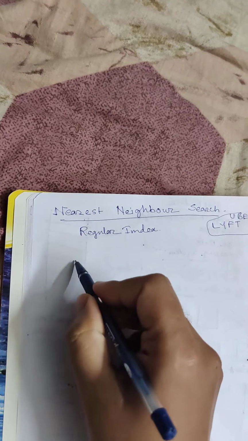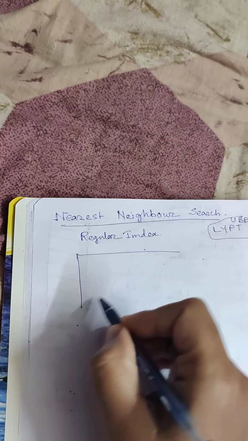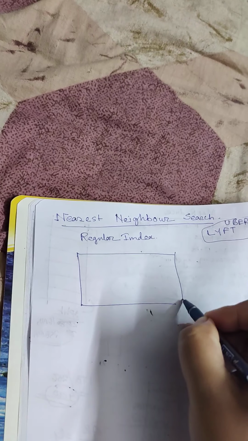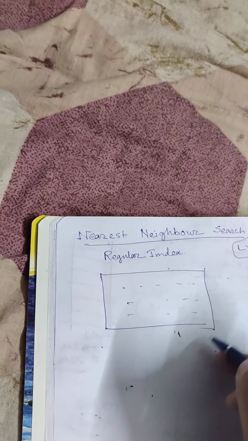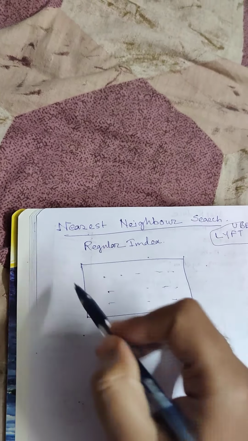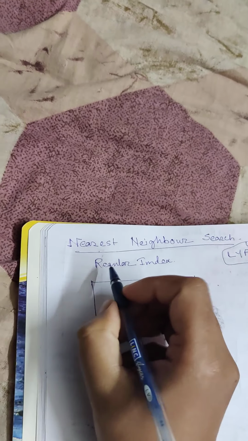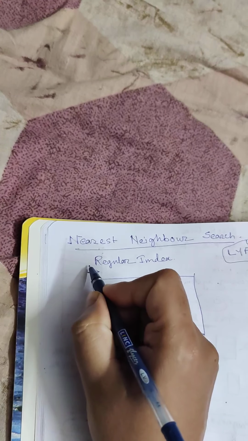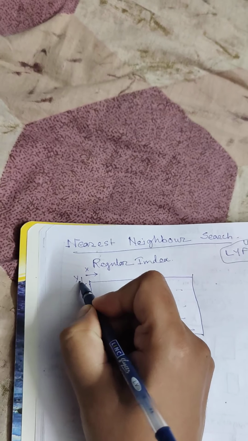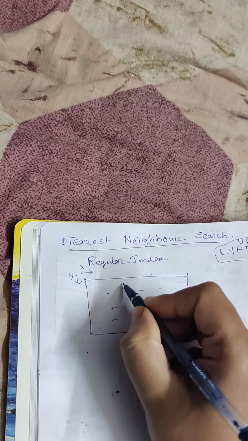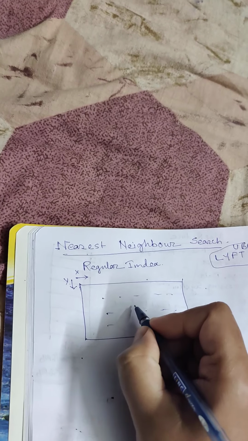So the first thing is, suppose you have a lot of data points over this overall space. Now you are making a direction, like this is your x axis and this is your y axis, and you are trying to find something.